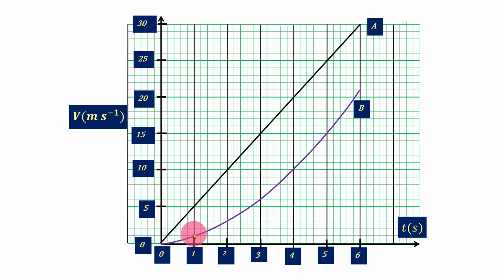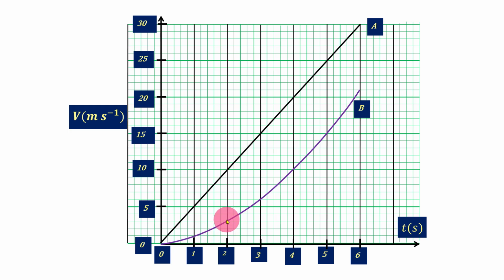In this next 1 second, its velocity increases from 1 meter per second all the way to 3 meters per second, so its velocity has increased by 2 meters per second in 1 second.